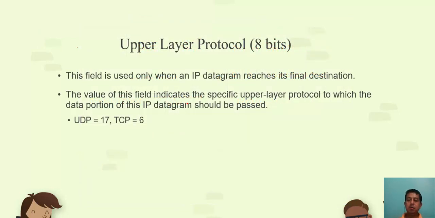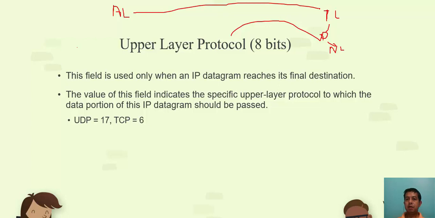Now this upper layer protocol is a glue which binds the transport layer and the network layer. A packet is coming from the transport layer to the network layer, and this header field is the part that binds the two. Remember, when data comes from the application layer to the transport layer, what binds the application layer to the transport layer?